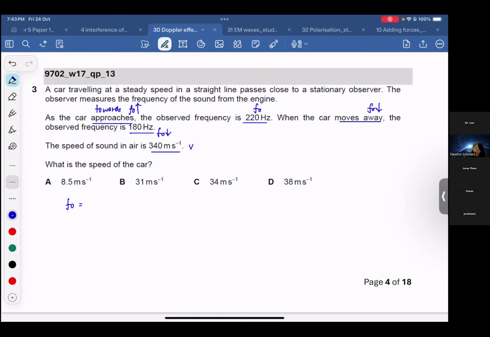This one you have to solve simultaneously for two cases: when towards, when away. Then based on these two cases, you do some simultaneous equations.